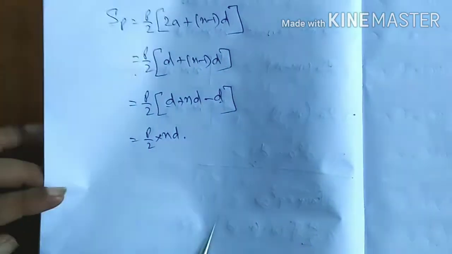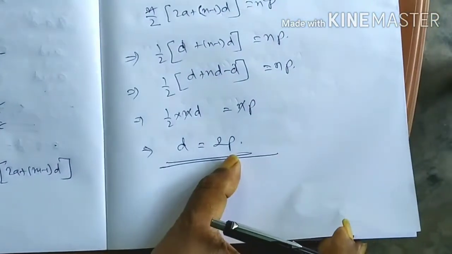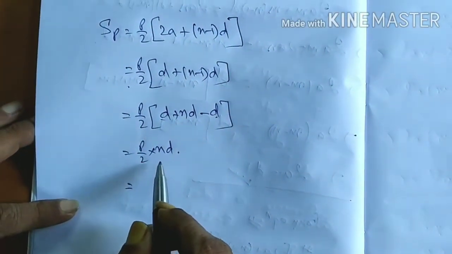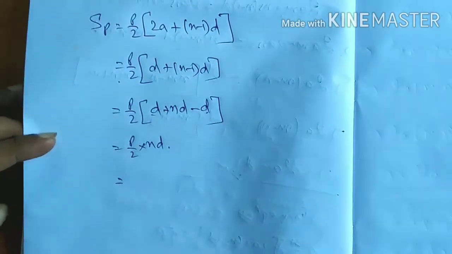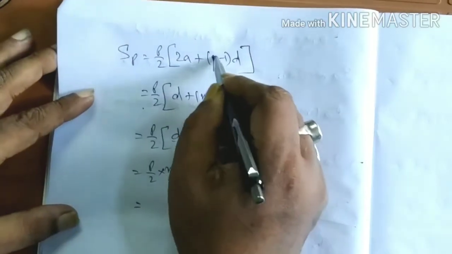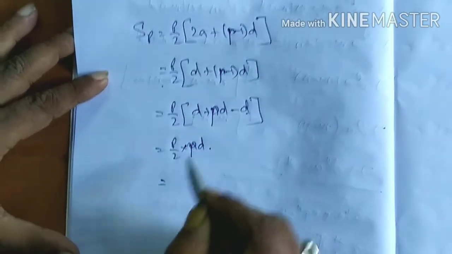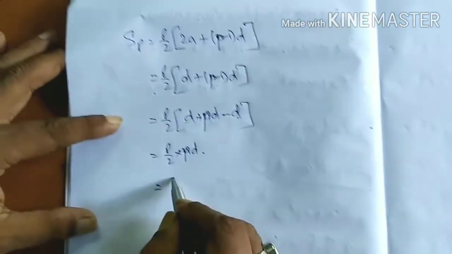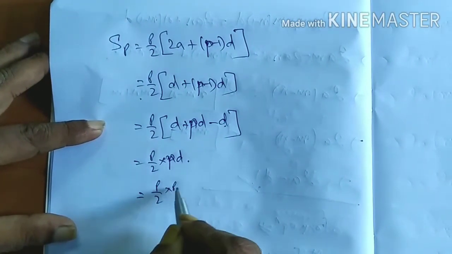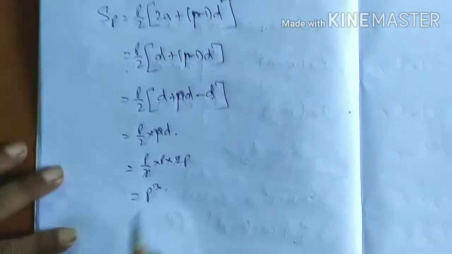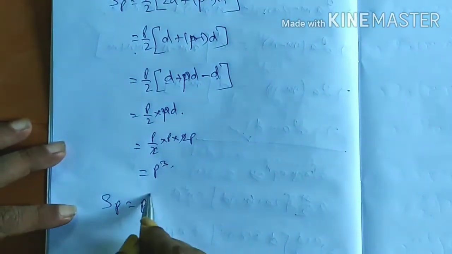Now what is the value of d? Your value of d is 2p. So p by 2 into p into 2p. 2 cancels out. Sp is equal to p cubed.